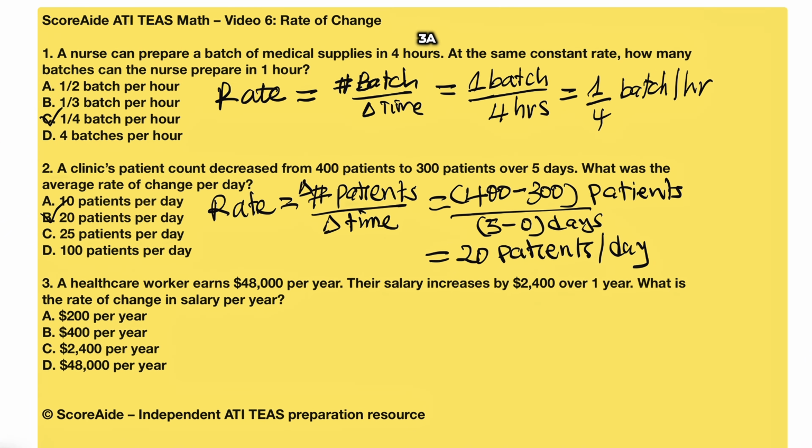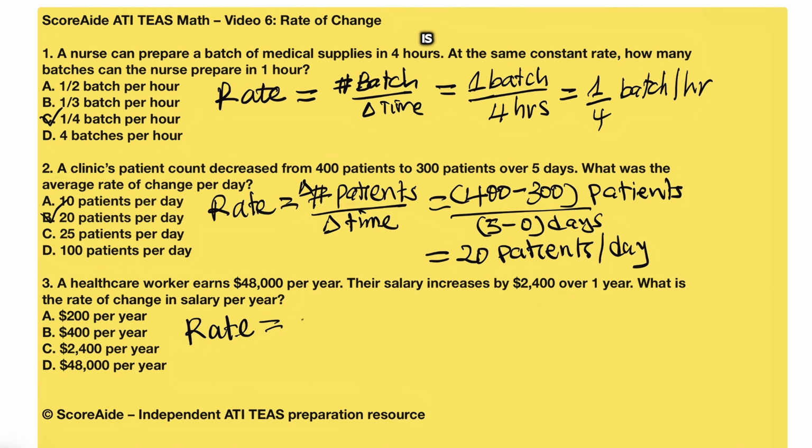Question 3. A healthcare worker earns 48,000 per year. Their salary increases by 2,400 over 1 year. What is the rate of change in salary per year, right? In this case, the rate is equal to the quantity, right?